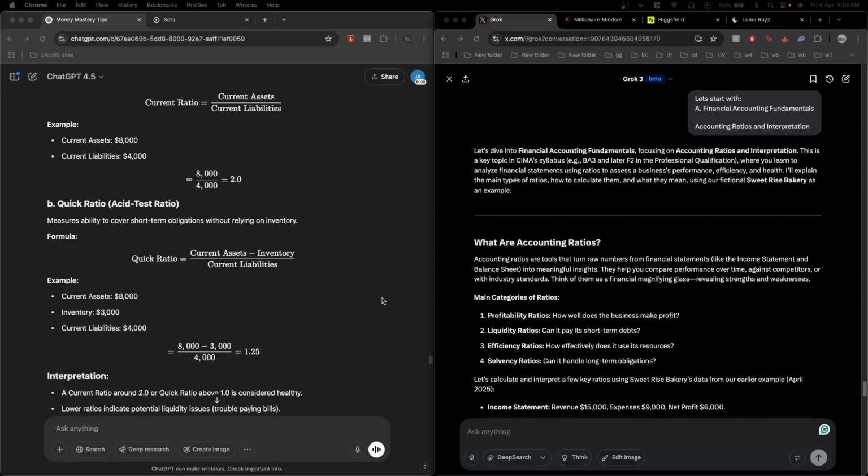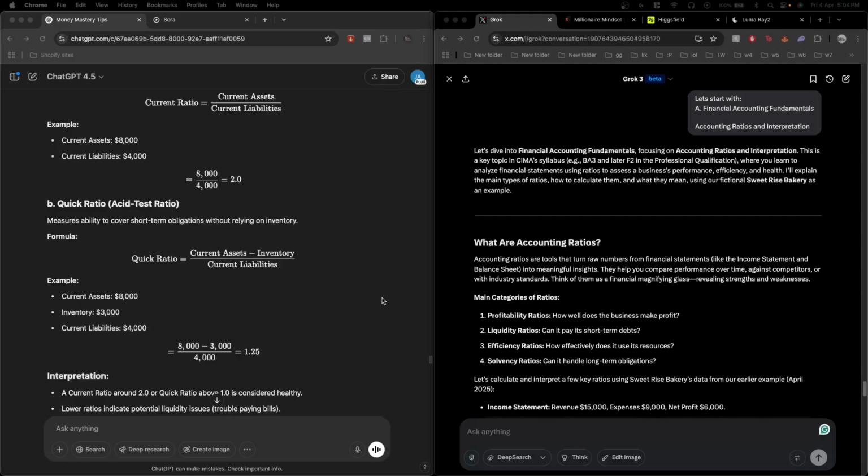And then we have the quick ratio, also known as the acid test ratio. It measures the ability to cover short-term obligations without relying on inventory. The formula is as follows. Quick ratio equals your current assets minus your inventory divided by the current liabilities.